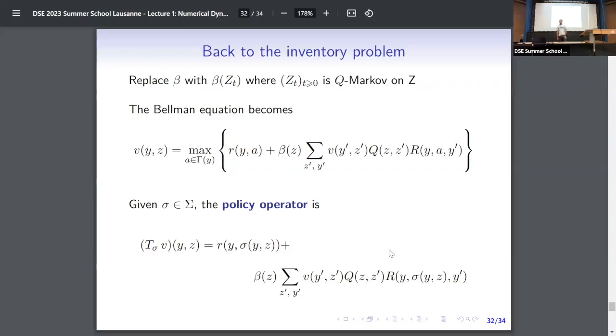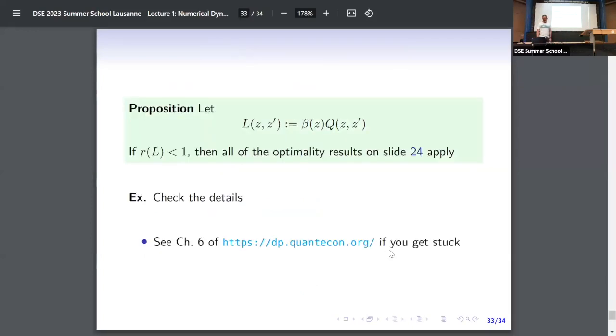You can see that it depends on Z, so it depends on the exogenous state process. The state process has an endogenous part and an exogenous part, and I'm just assuming that the discount factor depends only on the exogenous part. That's just a special case of what we looked at before. I'm going to skip the details about when it's going to converge, but they're pretty straightforward to check.